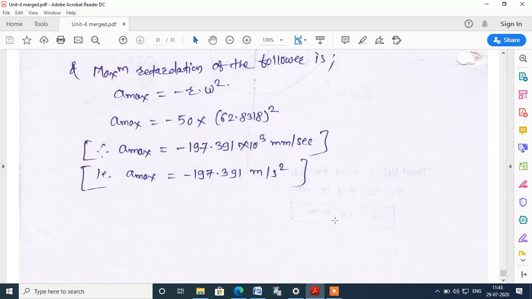Such types of problems can be solved step by step, and definitely you will have the confidence to solve them. So friends, in the next class we will see drawing the cam profile for various follower motions. Okay, thank you.